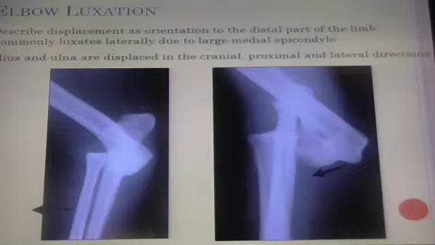Why? Because of the large medial epicondyle. Remember, there's an epicondyle on the medial condyle, and the lateral condyle doesn't have one. So it easily slips lateral. If you look at this view, you see this little 90-degree angle structure here.